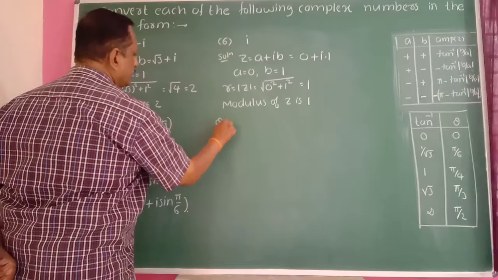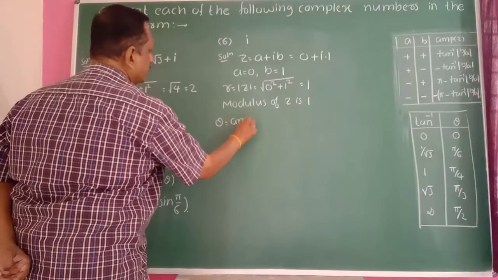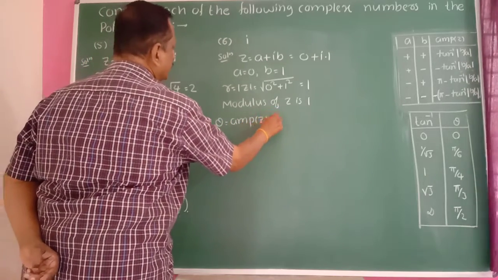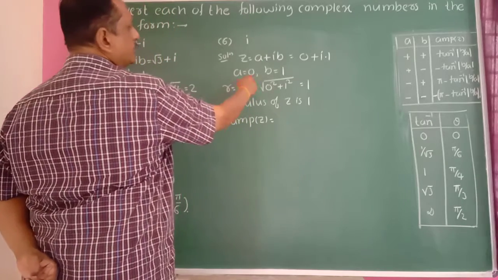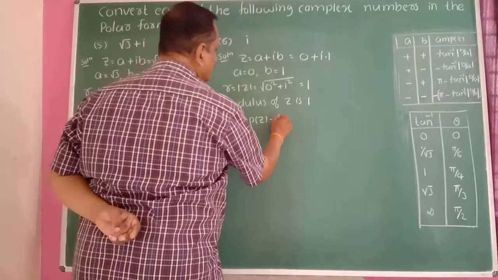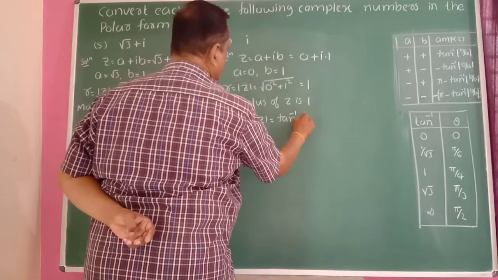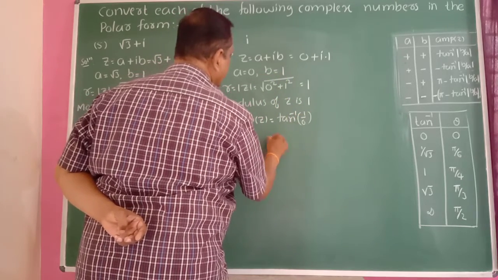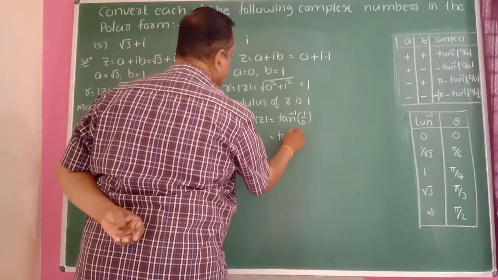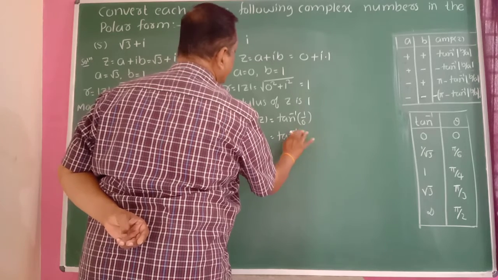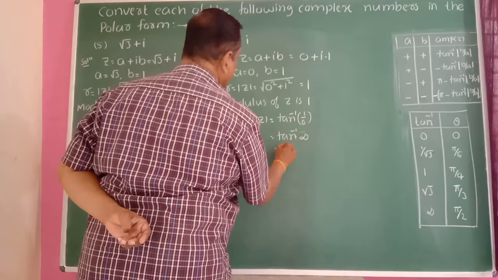Then the amplitude of the complex number. Here both are positive, so tan inverse of 1 by 0 means infinity. Tan inverse of infinity means pi by 2.